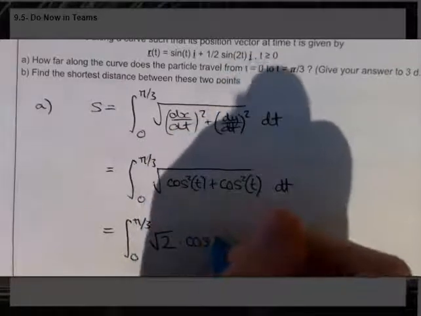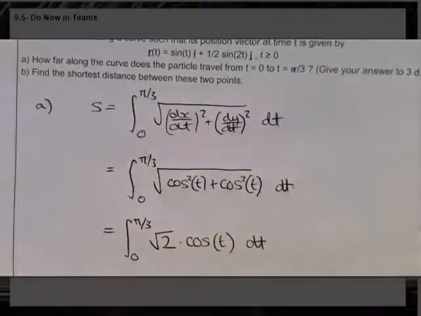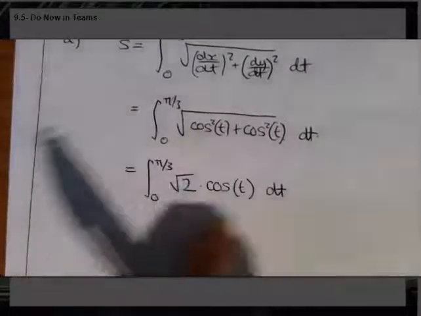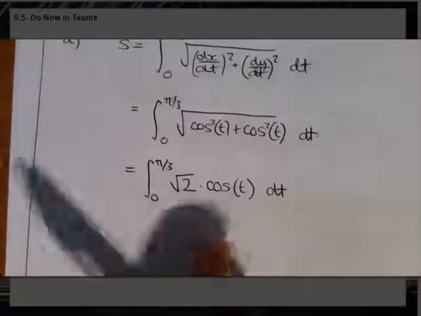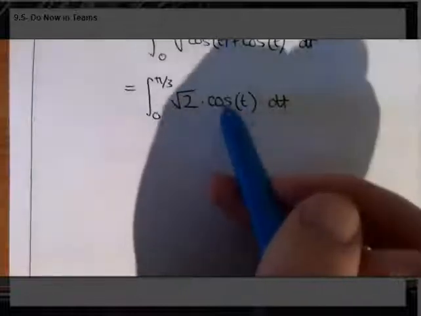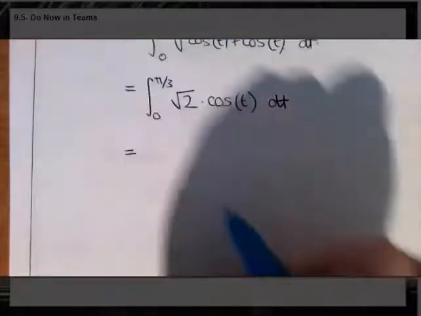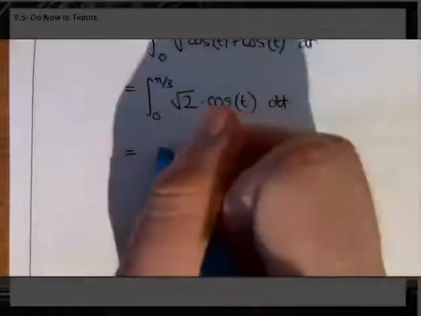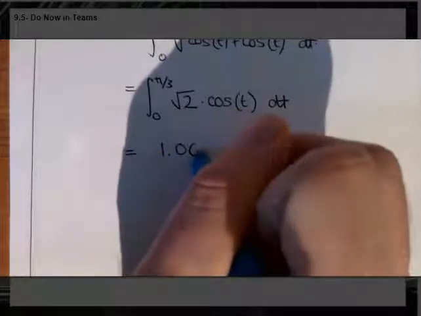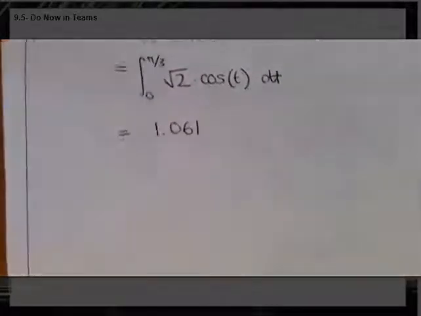So it would be root 2 cos t dt, and then you would be able to evaluate this, but I want you just to practice using your calculator to work out one of these, because they might not always be so easy. And if you work it out using your calculator to 3 decimal places, I believe you get 1.061. I just want you to check that you can do that.